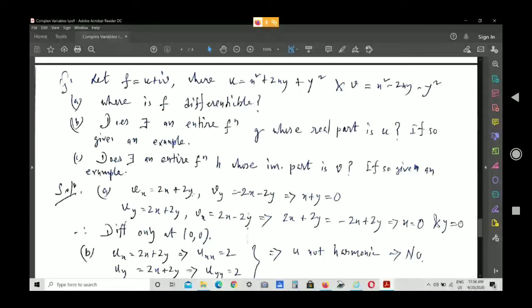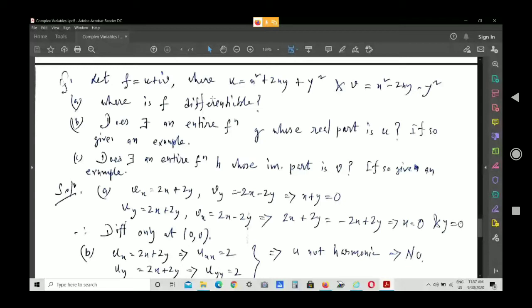How did we determine the differentiability at a point? If a function is differentiable at a point, CR equations must be satisfied. So we have checked at which points CR equations can be satisfied. We have found that there is only one point where the CR equation is satisfied. Therefore, it is differentiable only at that point, at no other point.